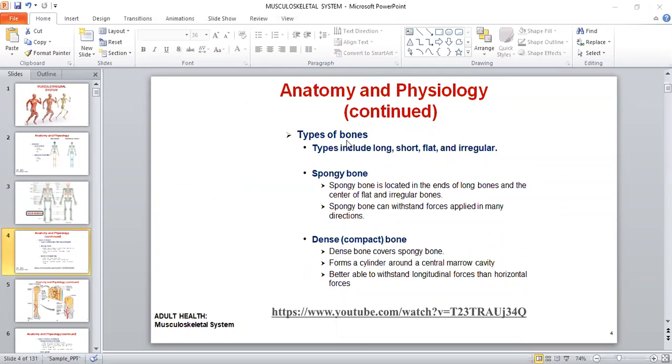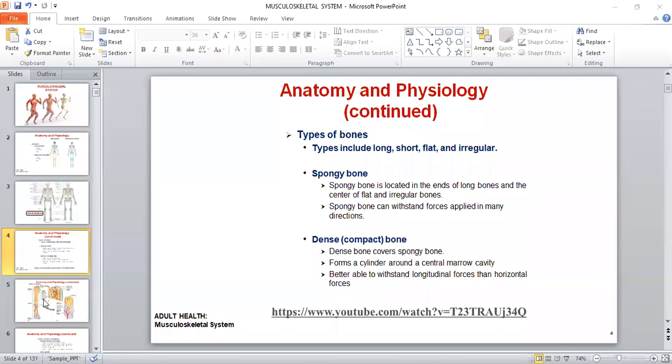As for types of bones, some of the bones are spongy and some are dense, called compact bones. Spongy bones means soft bones, and dense means the hardest bone, like the femur and humerus, right?